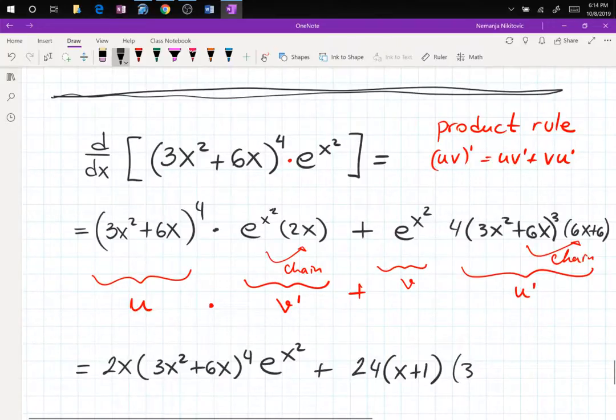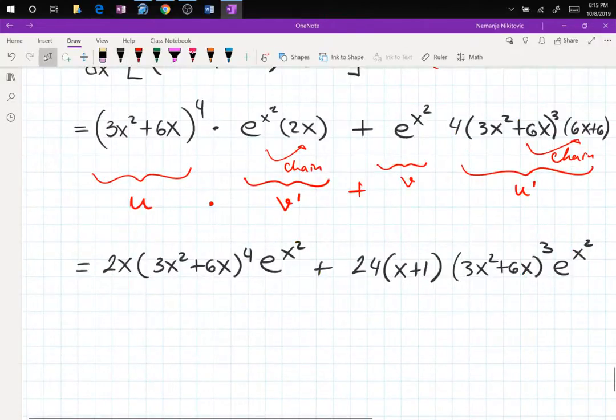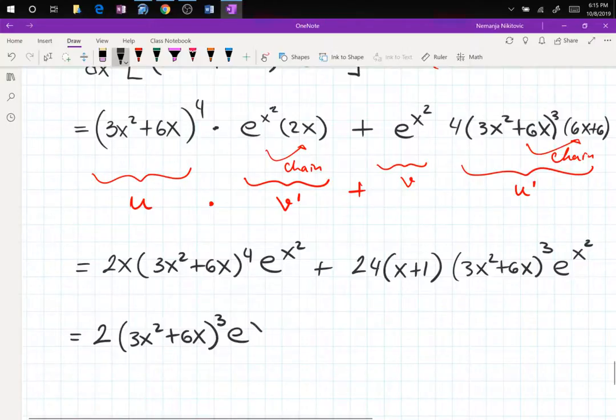And then I have this (3x squared plus 6x) cubed, and then I have e to the x squared. Remember what I said? You have to factor if you can. So we can kick out 2, (3x squared plus 6x) to the 3, e to the x squared. So all of that stuff is common.